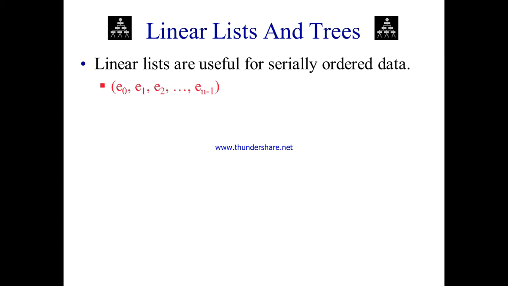So this is serial. We are representing an order of elements. The list is nothing but the order of elements. Or another example is the days of the week: Sunday, Monday, Tuesday, Wednesday, Thursday, Friday and Saturday. That is also a sequence.